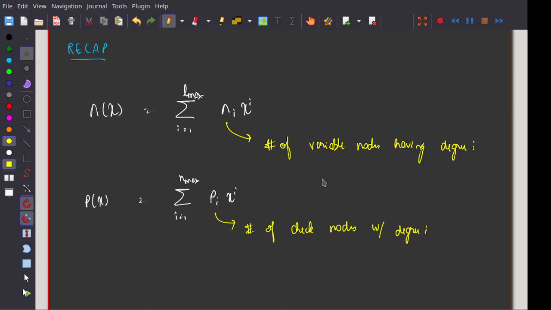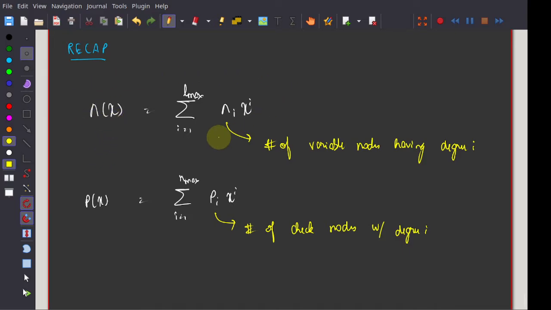Instead of saying that every row and every column has exactly dv 1s or dc 1s, we're now saying that a proportion of the rows can have say d1 ones, another proportion can have d2 ones, and so on. That is formalized by this idea of the degree distribution. We saw 3 different ways of specifying the degree distribution.